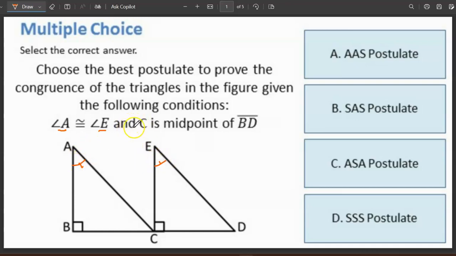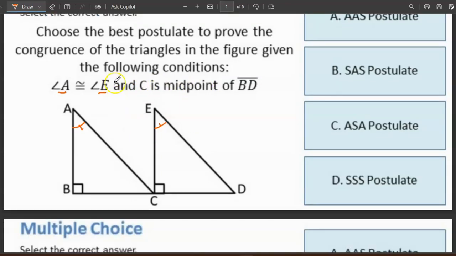And C is the midpoint of BD. Again, remember, when you talk about midpoint, it will divide a segment into 2 equal parts. So if this is BD, and C is the midpoint, that means from CD, this one is congruent to this one.